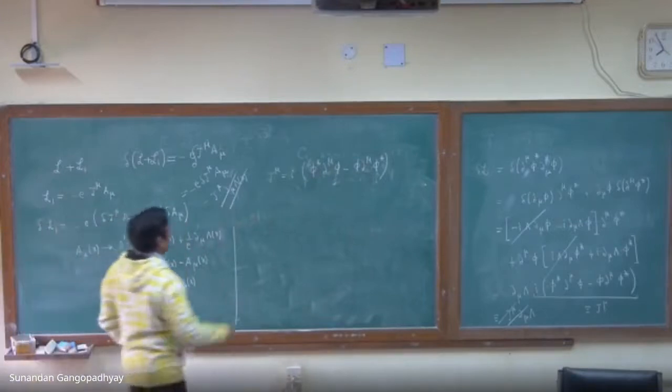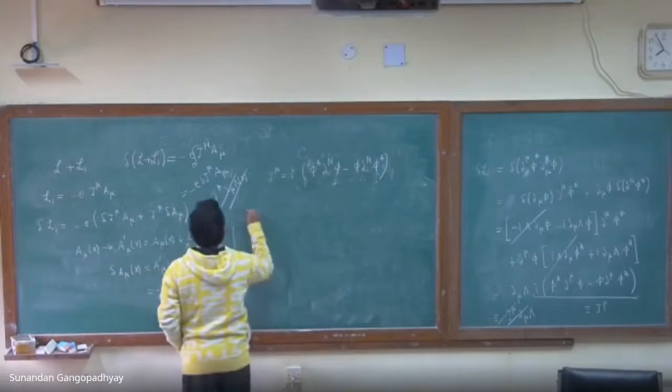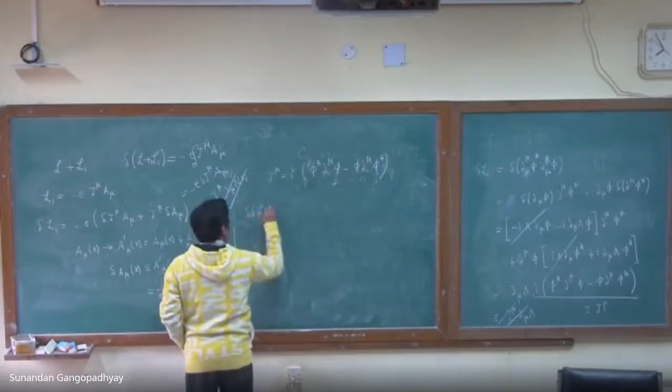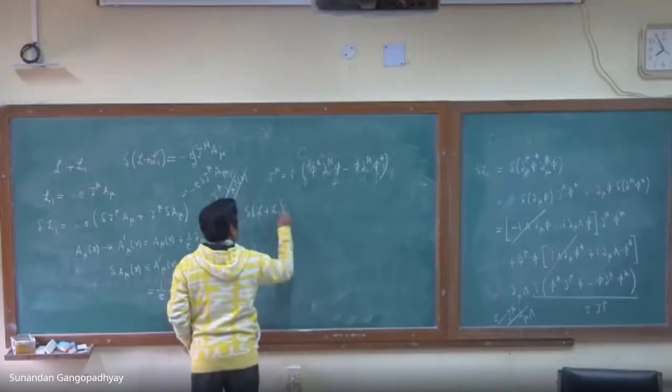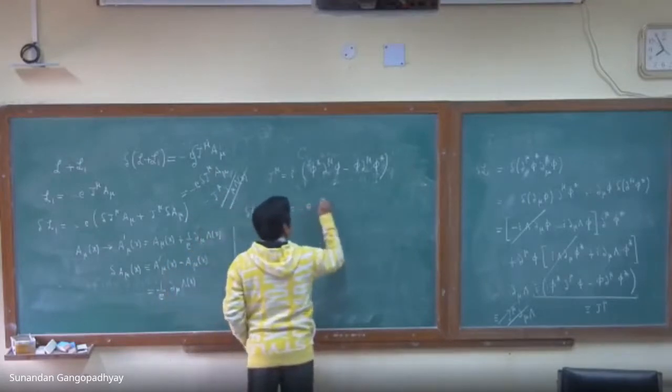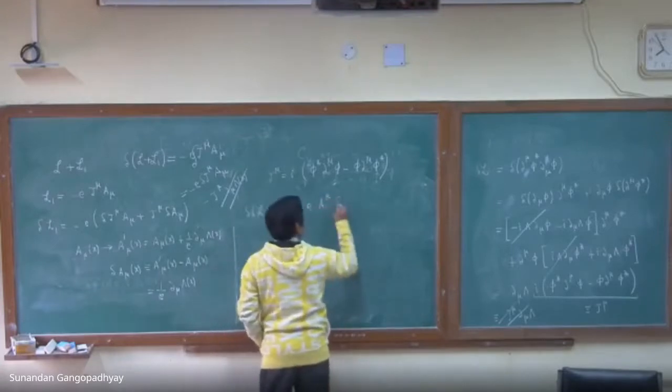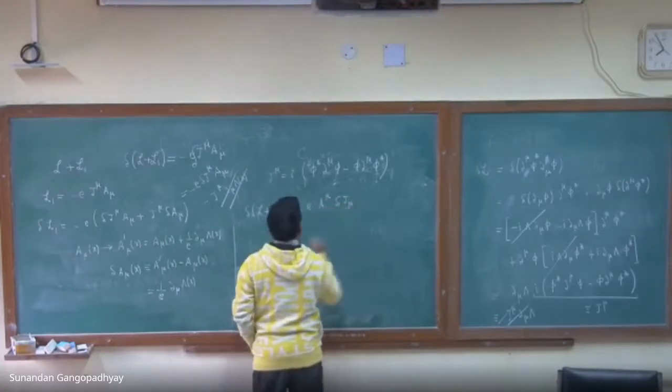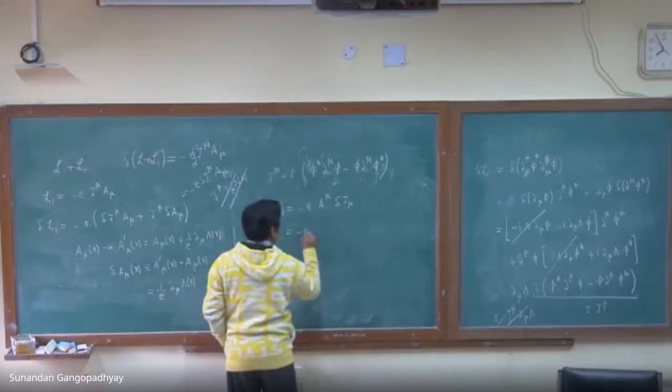And therefore, delta of L plus L1 is equal to minus A mu, I can put it on top, and delta of J mu.